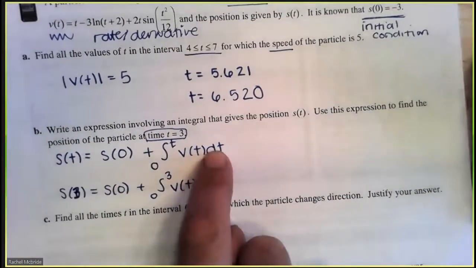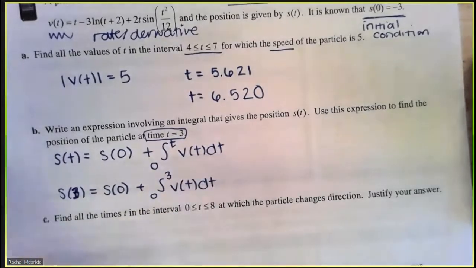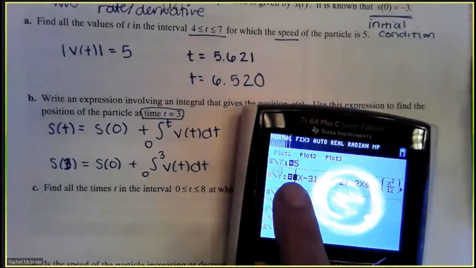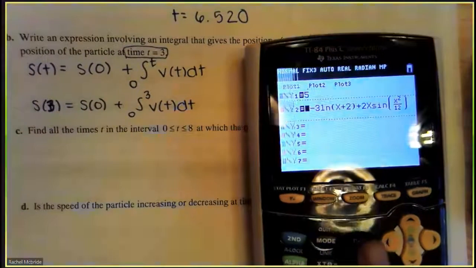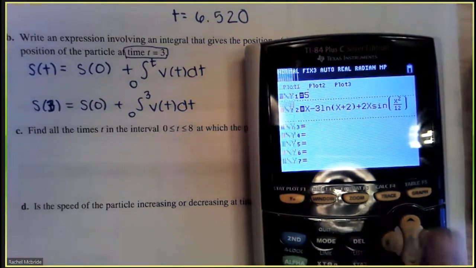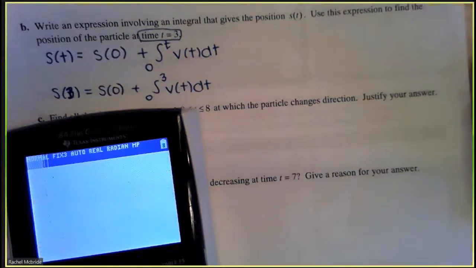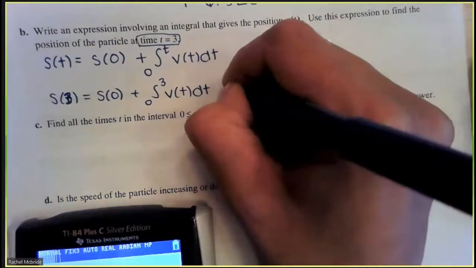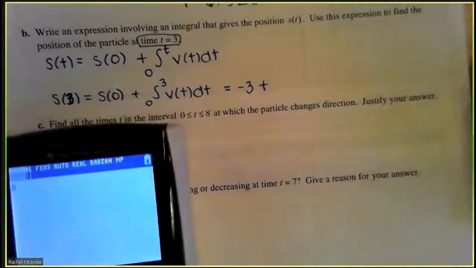So general, specific, and then to find that, you could just go back to your calculator. If you recall, we could delete the absolute values out of my function in y2, and then I could use that when I do my problem over here. So I'm going to leave this. S of 0 is negative 3 according to the initial condition, so it's negative 3 plus whatever that integral value is.